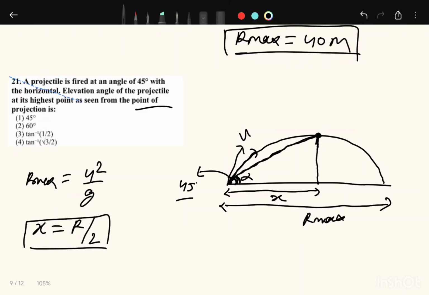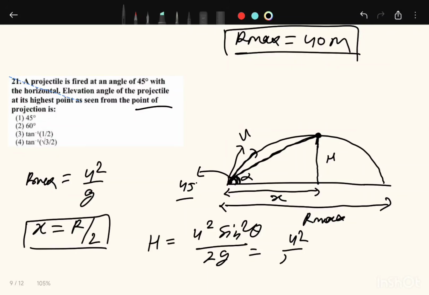And what will be the height? What will this height be if your projectile is fired at 45 degree? At 45 degree, we know the formula u square sin square theta by 2g, right? So at 45 degree, it will be u square by 2g times 1 by root 2 square.